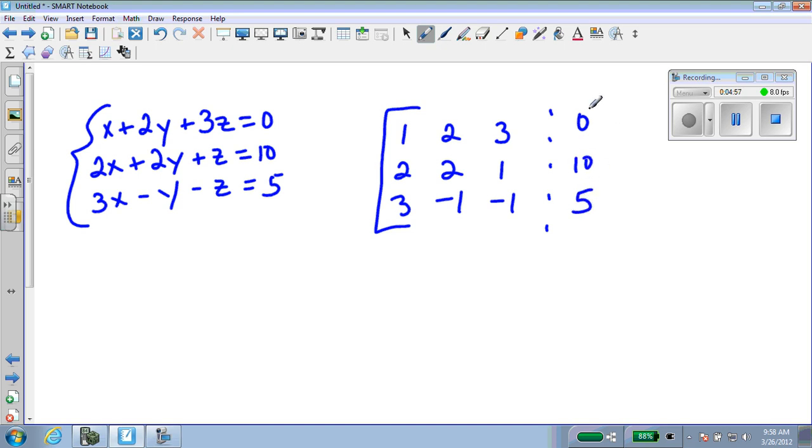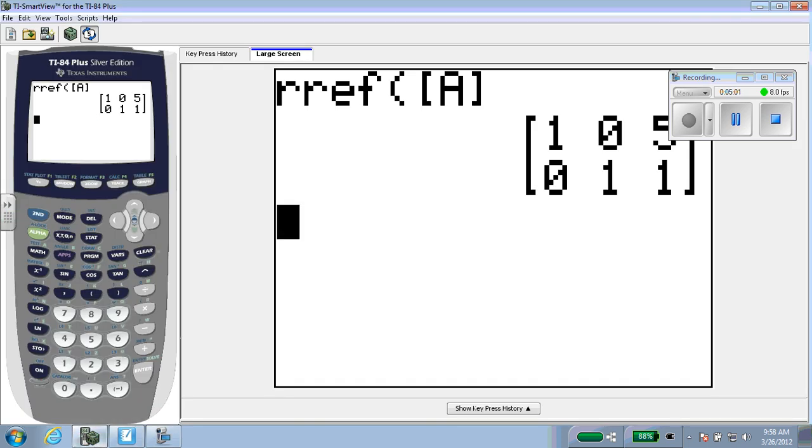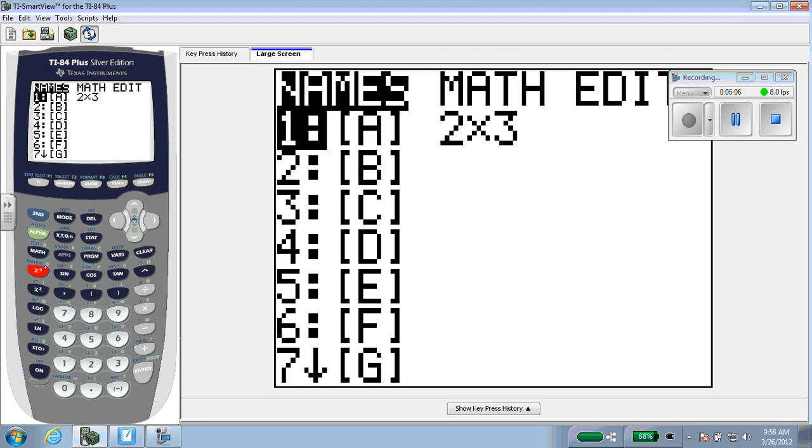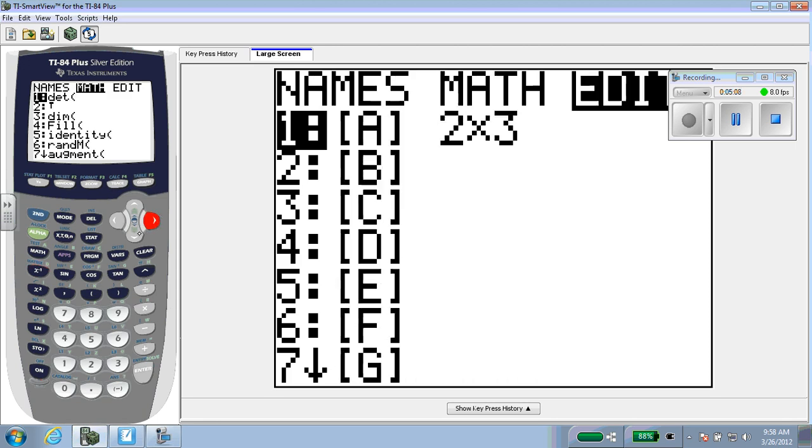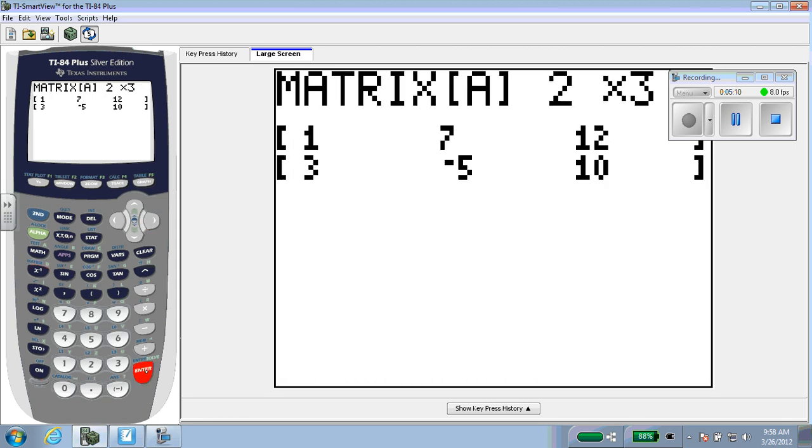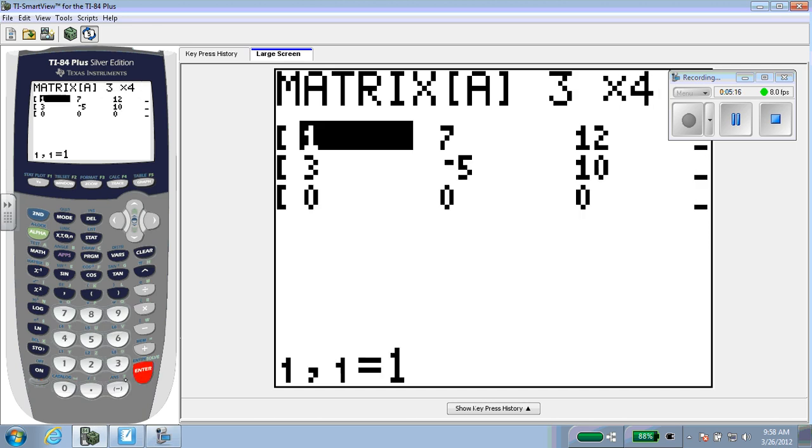So I'm going to go to my calculator. I'm going to go to second matrix, edit, and now that matrix has 3 rows and 4 columns, and I'm going to enter those in.